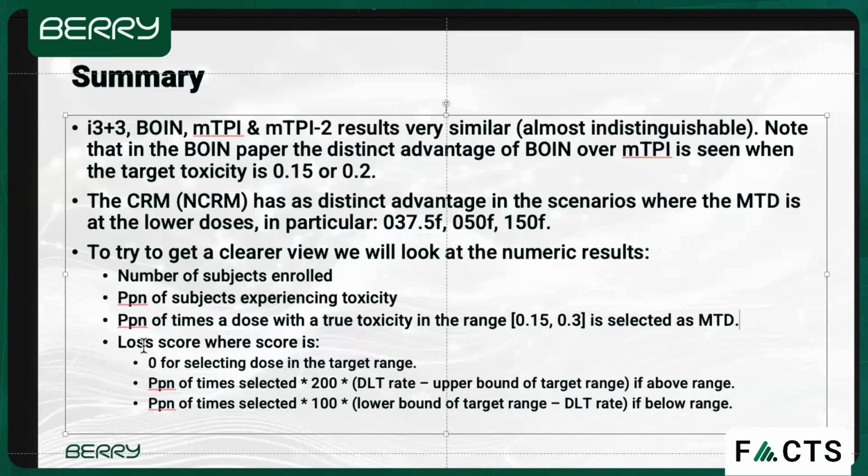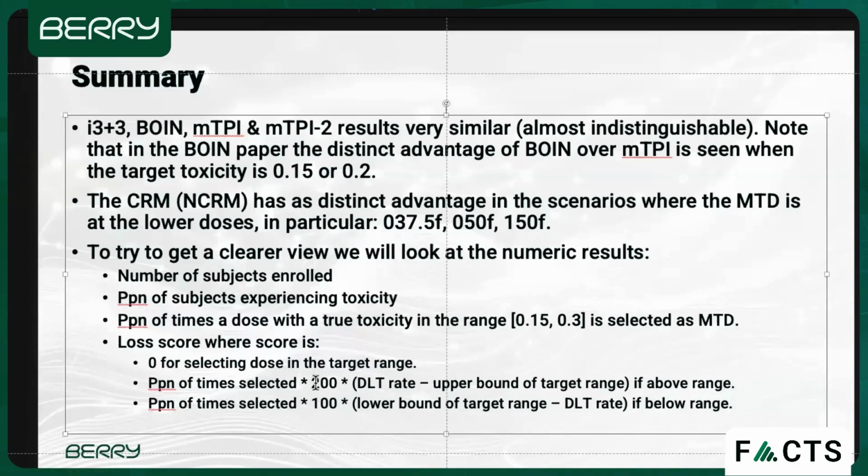So we've got a 4th score, which is what I've called this loss function, where your penalty for picking a dose in the range is 0, because you got it right, no penalty. Your penalty for picking a dose above the range is the difference between the DLT rate and the upper bound of the range. So you get penalized more the higher the toxicity rate was above the target.